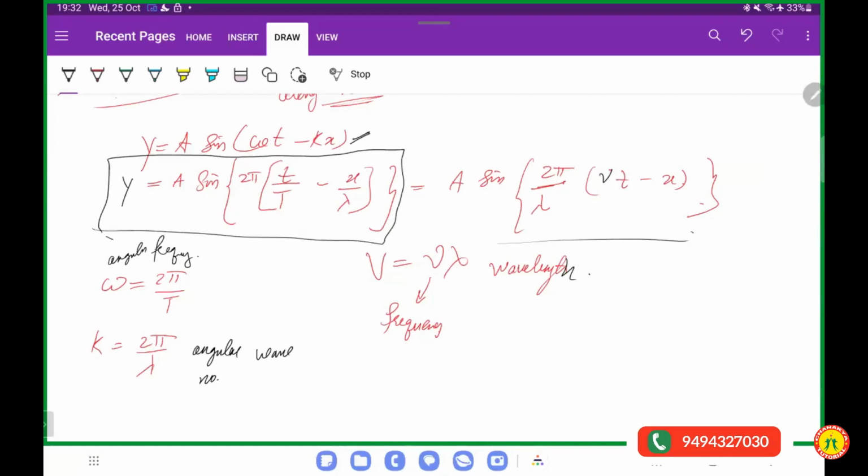V by lambda will be frequency. Frequency means 1 by T. From here, frequency is 1 by T, and v equals frequency into lambda here. I hope you understood what I directly wrote.